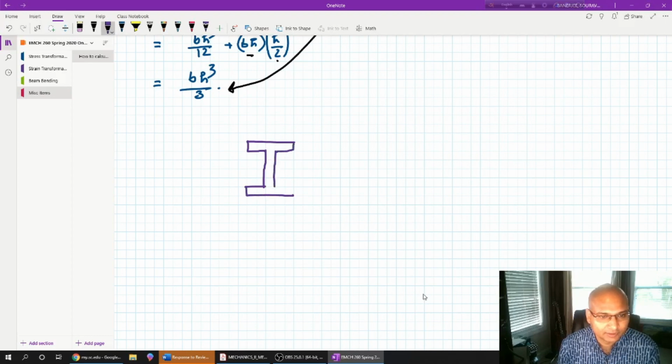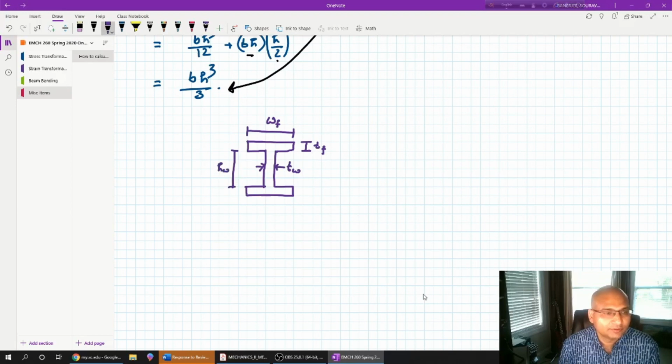Pardon my drawing, but let's say this is the thickness of the flange, TF, and this is the thickness of the web, TW, and this is the width WF of the flange, and this is the height of the web, so HW.